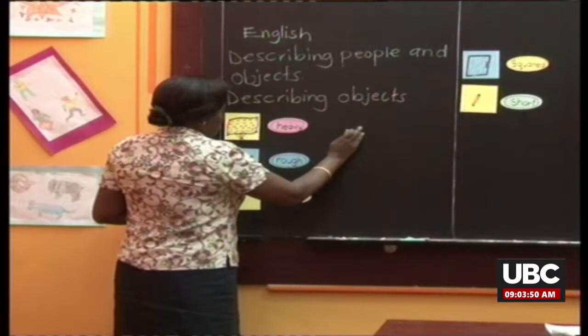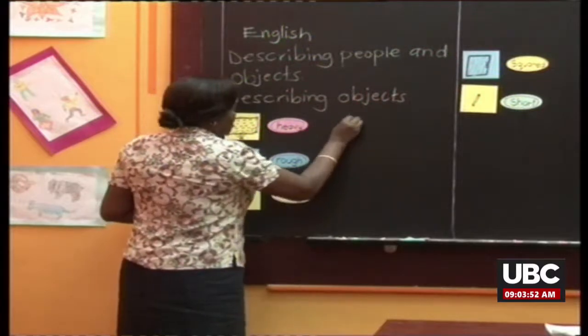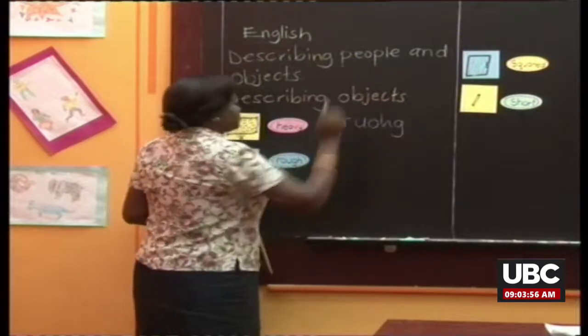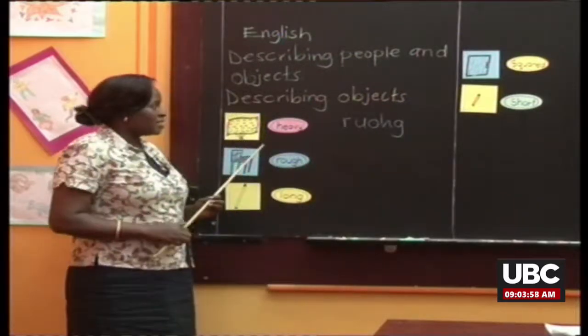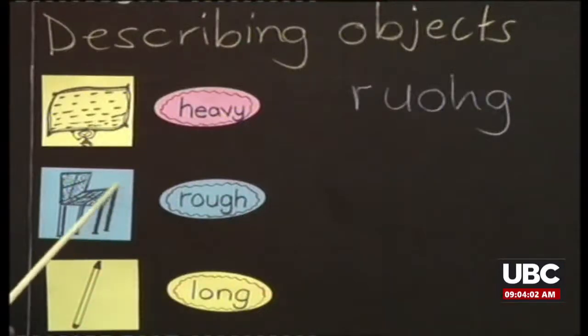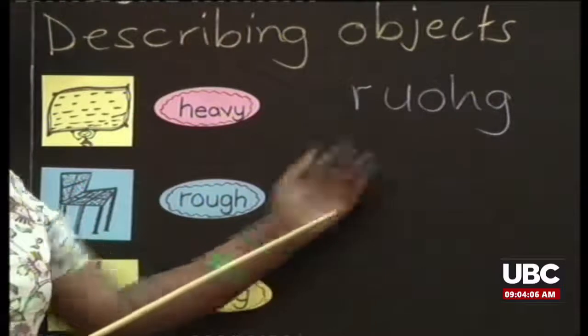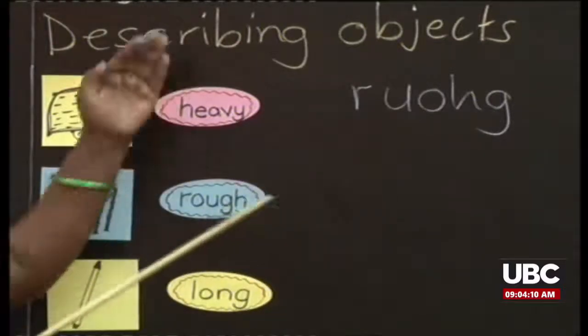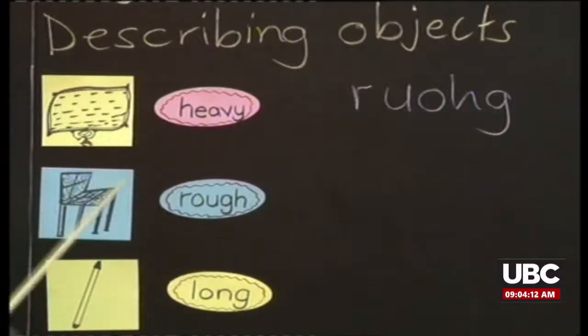For example, if I give you this word here, which word is that from the words we have seen around? Of course, you know that the teacher is trying to give us the word rough, but not written properly, so that you can arrange the letters and write it properly.